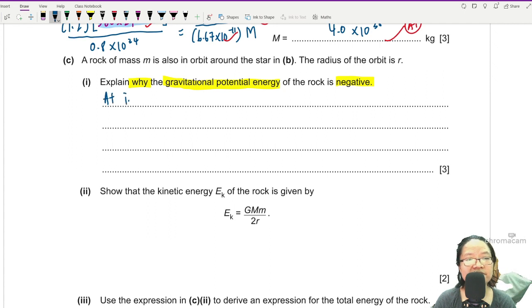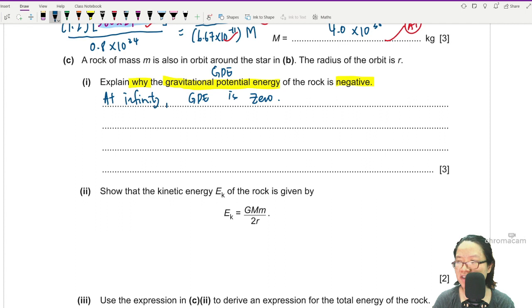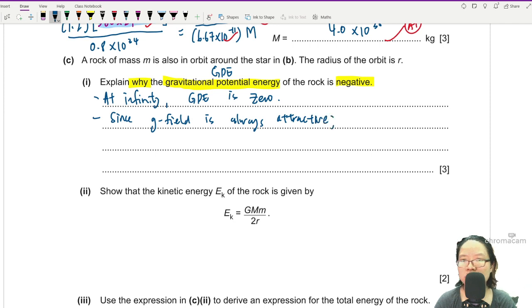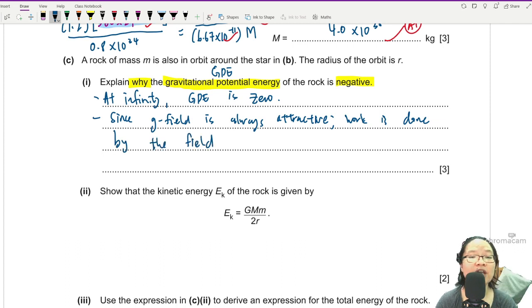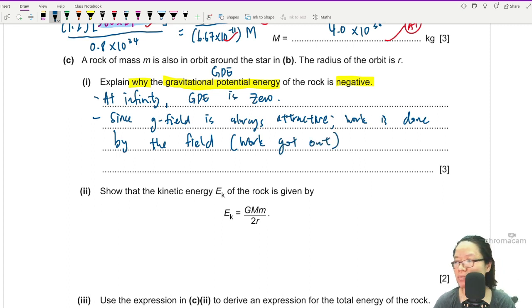So I will say at infinity, to save time, I'm just going to call this GPE, okay? GPE is 0 or is defined as 0. Okay, second point. Since gravitational field is always attractive, work is done by the field, or you can also say work got out, because that is what they like to use sometimes in the syllabus.